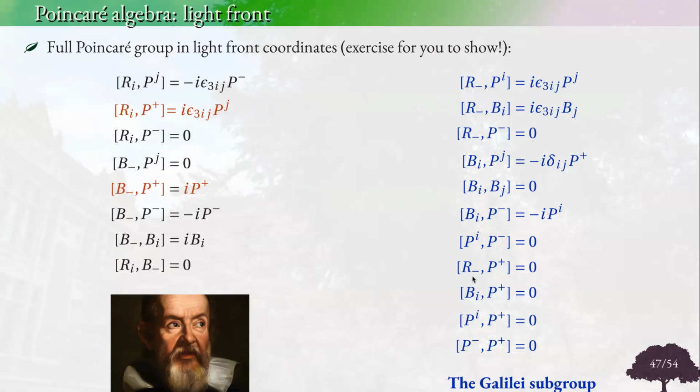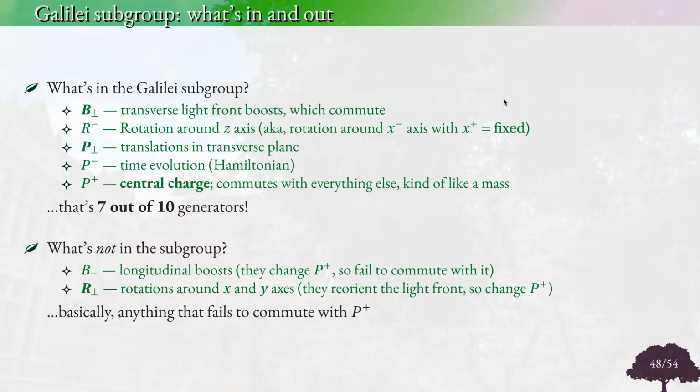In fact, these last 4 formulas are just telling you that all of these things in this subgroup commute with P+. So, the rest of these slides will just be more conceptualization or some math regarding this subgroup. What's in the subgroup? It involves your transverse light front boosts, which commute with each other.